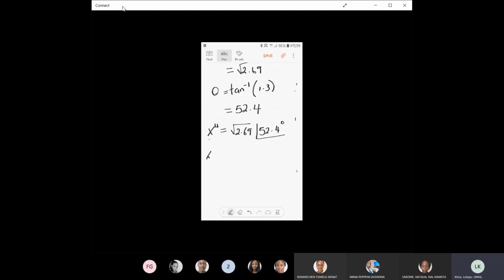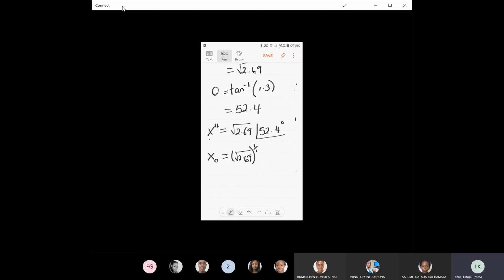So we have x to the power of 4. Now to find the first solution, x0, I take the fourth root, so this is 2.69.